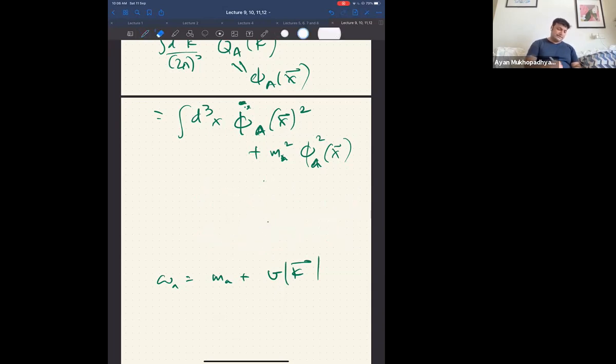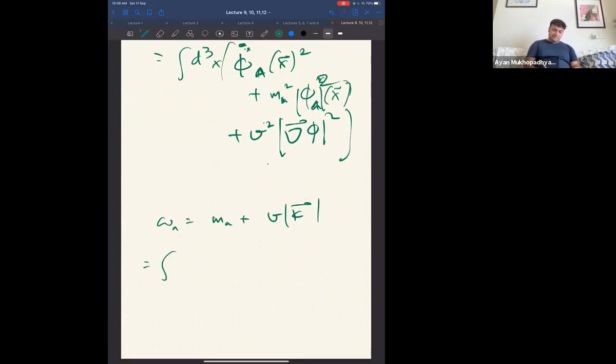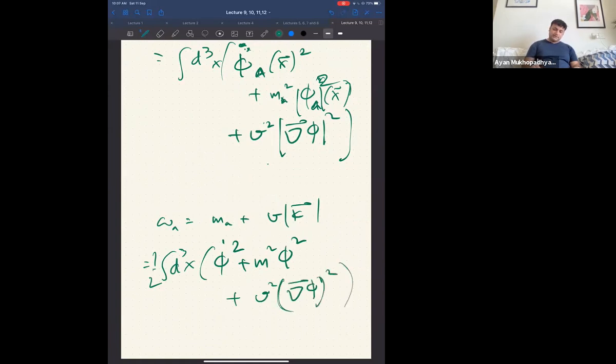So the final answer would be something like this. And this is nothing but the Hamiltonian of a classical field, which is integral dx, half of phi dot square plus m square phi square, plus d square grad phi square.